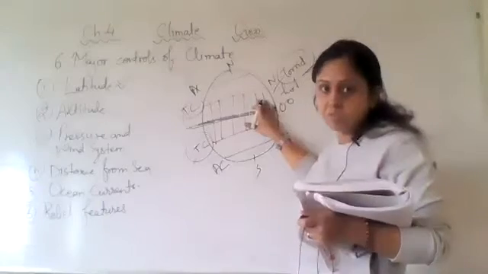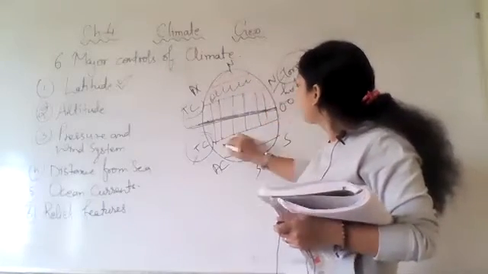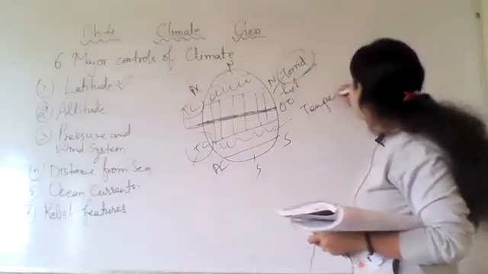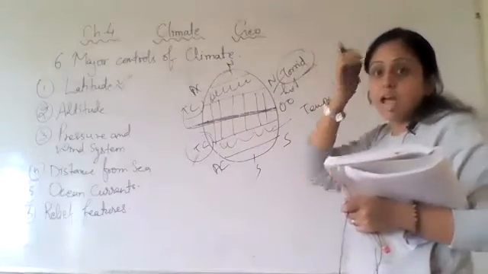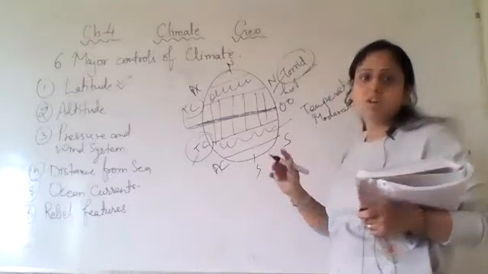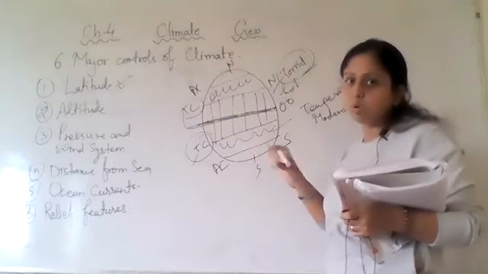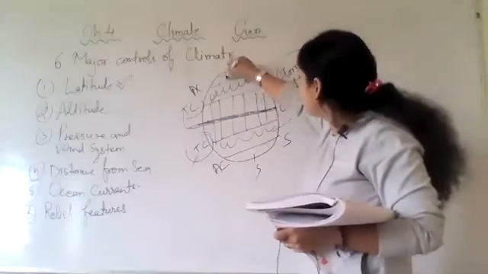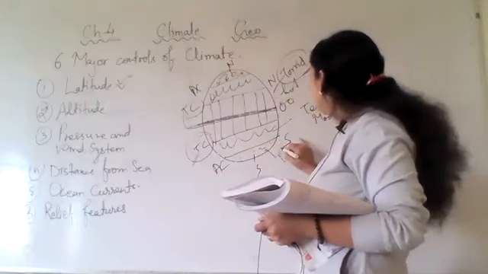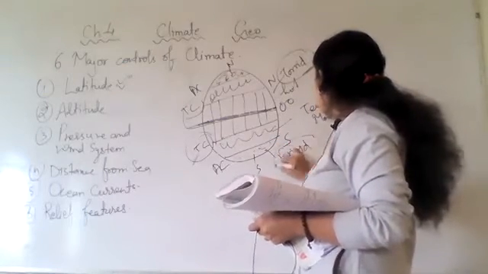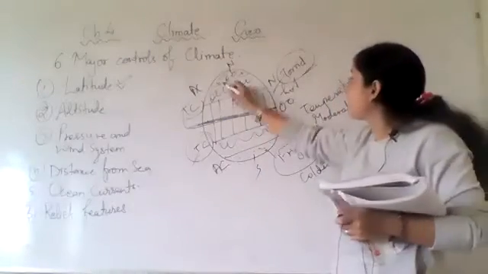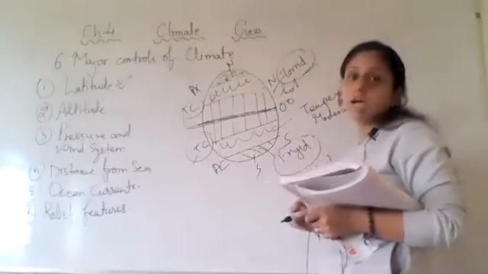This other area is called the temperate zone, and the climate you will find is moderate, an average climate, not very hot, not very cold. Now this area near the North Pole is the frigid zone, and these areas are the coldest places on the earth.